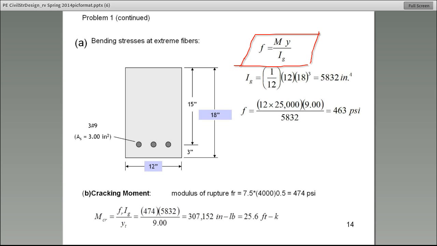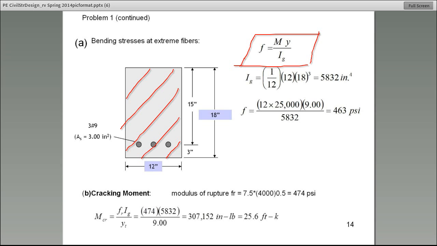Now, let me tell you why the moment of inertia in this case we call I sub G. The G stands for gross, and not because it's yucky. We call it gross because, pay attention, we are using the entire concrete cross-section to calculate the moment of inertia that we call gross moment of inertia.